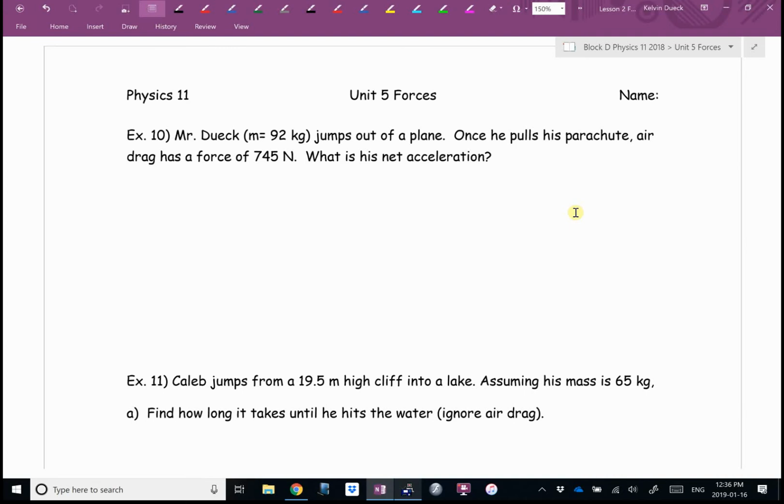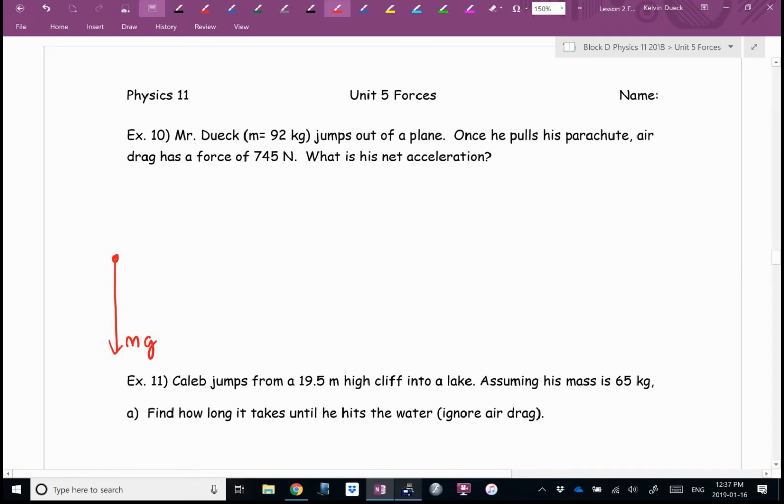So let's represent Mr. Dueck with a dot. What are the forces acting on Mr. Dueck? Get the obvious one. What else? Air drag. Which way? Up? Bigger, smaller, or the same size as mg?